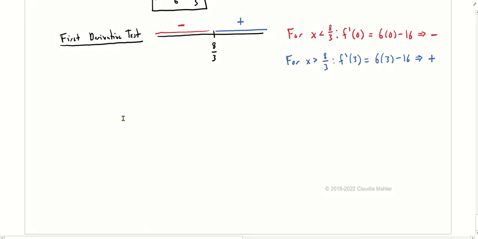So I'm going to say here, by the first derivative test, x equals 8/3 is a local minimum.